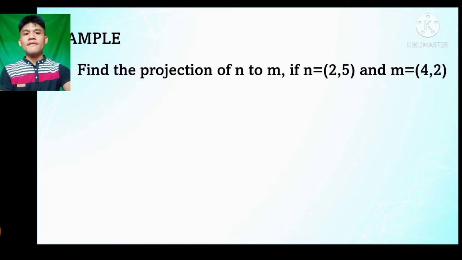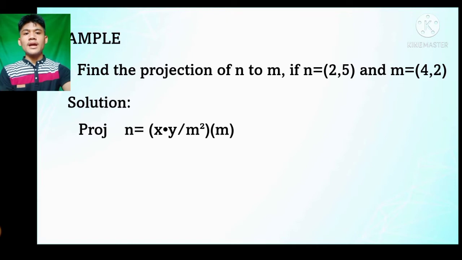Example: find the projection of n to m if n is (2, 5) and m is (4, 2). Solution: this would be the formula for finding the projection of n to m, line n to line m, or point n to point m.